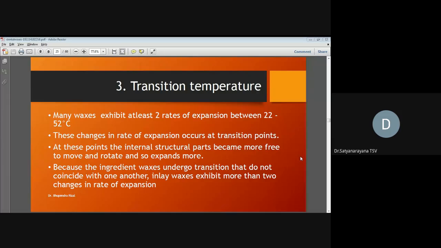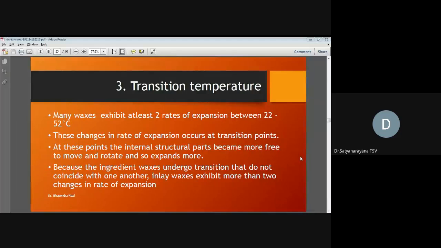But when it is heated from 52 degrees to 62 degrees, the same rate of expansion will not hold. The point from which the expansion will be more is your transition temperature.